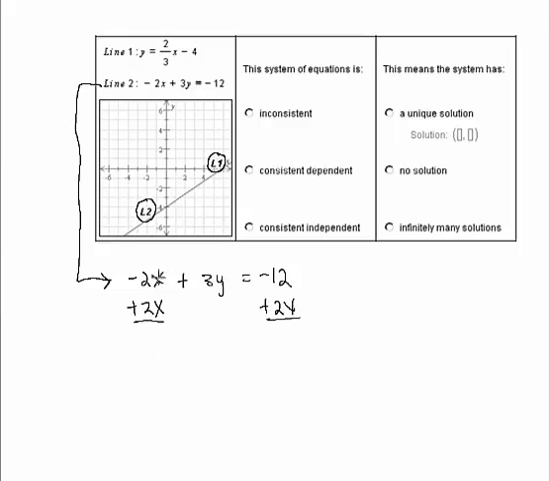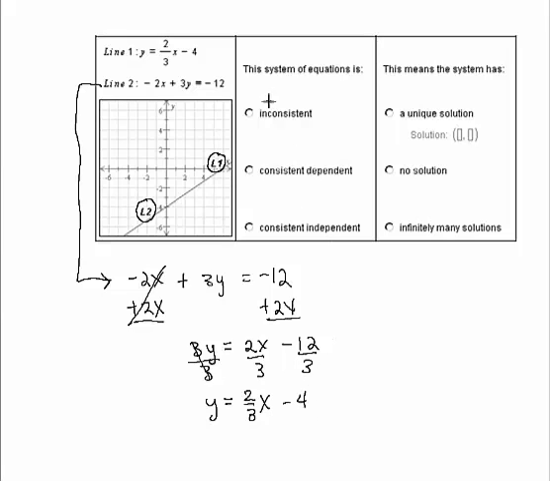So we get the y by itself, add 2x to both sides. We have a 2x minus 12. And now to get the y by itself, we divide by 3 each term in the equation. And we get a 2/3 for our slope, which matches the first line. And then negative 12 divided by 3 is negative 4, so it also matches the y-intercept.